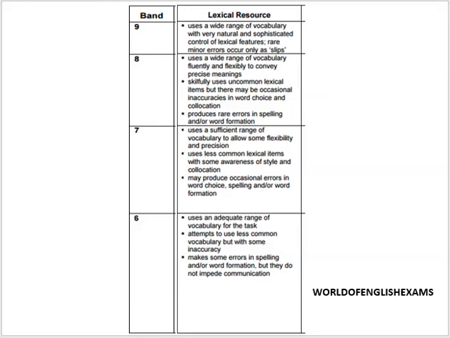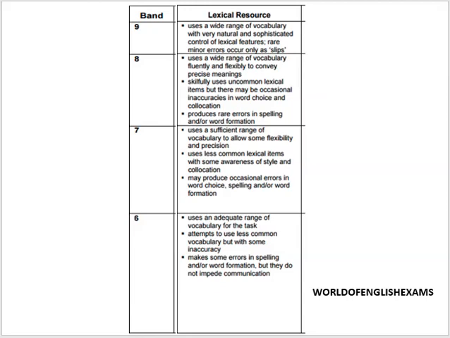Then attempts to use, the very important point, guys, attempts to use less common vocabulary. What is the meaning of less common vocabulary? Words which we do not use in our day-to-day communication. Such words are called less common vocabulary. So this candidate who is getting a band 6 attempts to use such less common vocabulary, but with some inaccuracy. Though the words are used, they are not always accurate. That's why the score is 6.